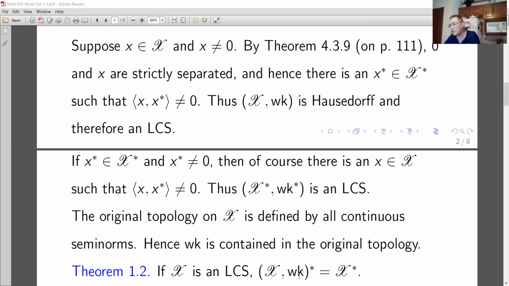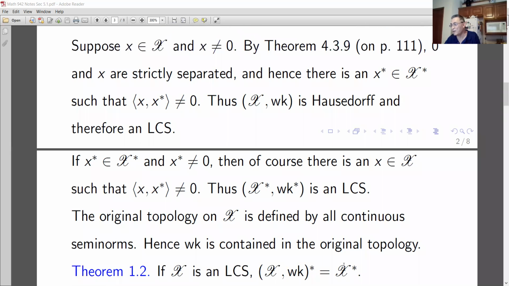And this X with weak topology has a dual, and this dual is the same as the original dual.